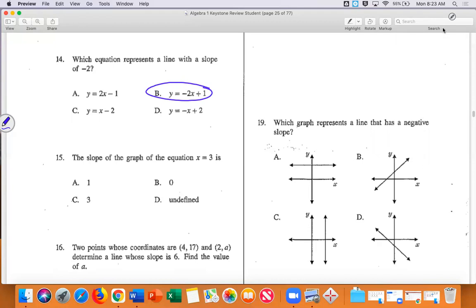The slope of the graph of the equation x equals 3 is what? Emma. Emma at home. Yeah, what is the slope of a line that's x equals 3? 3. Okay, this one's a trick question. Because it's not going to be 3. All right, notice there's no y here, so this is a vertical line.